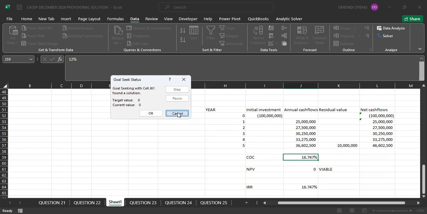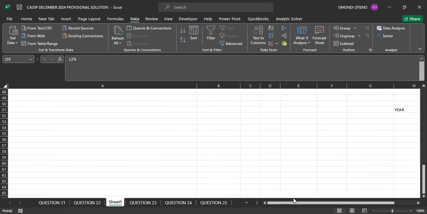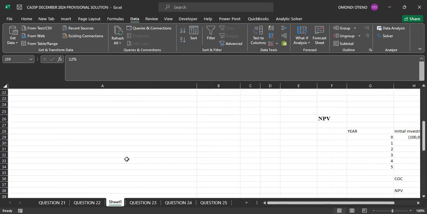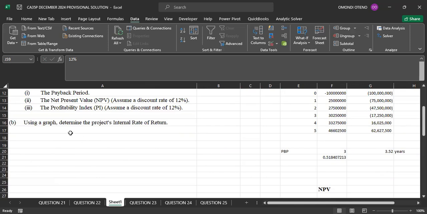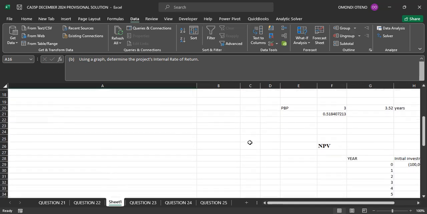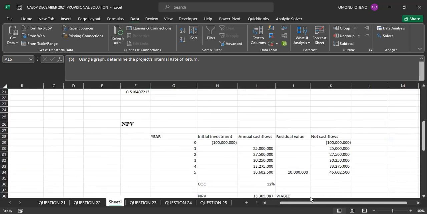So let's go to the question and understand the interest of the examiner. The examiner is aware that we have those two methods, but the examiner went ahead and said, using a graph, determine the project's internal rate of return. So we are required to use a graph here. How will we come up with a graph?